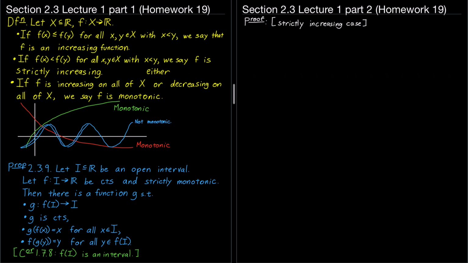So we're going to start by proving that f is 1-to-1. So let's suppose that x and z are in our domain, and that f of x is equal to f of z.